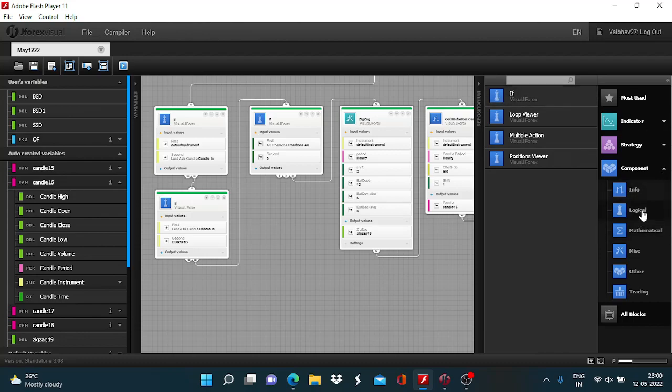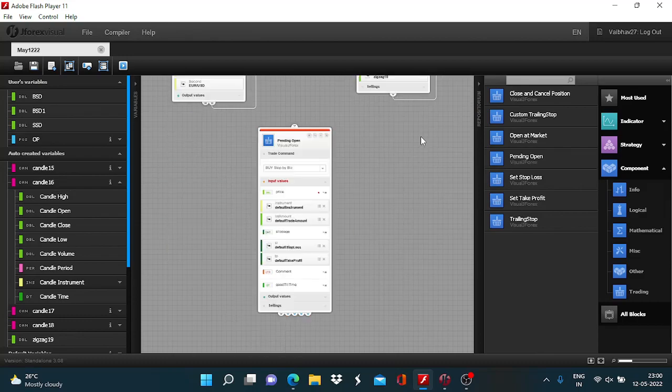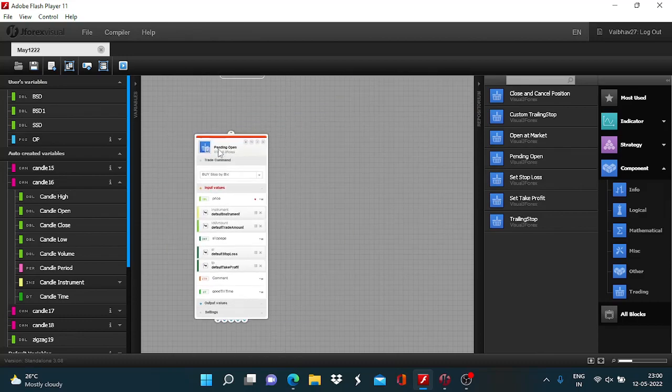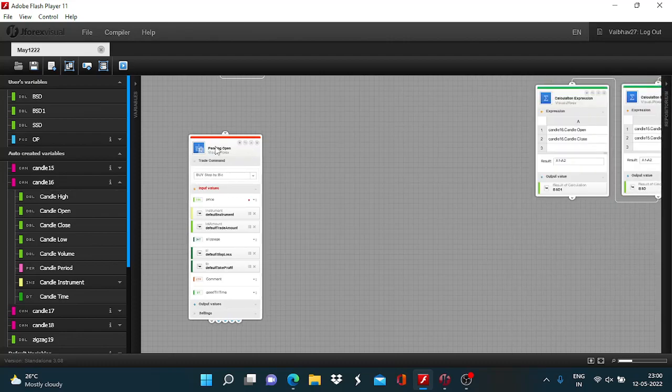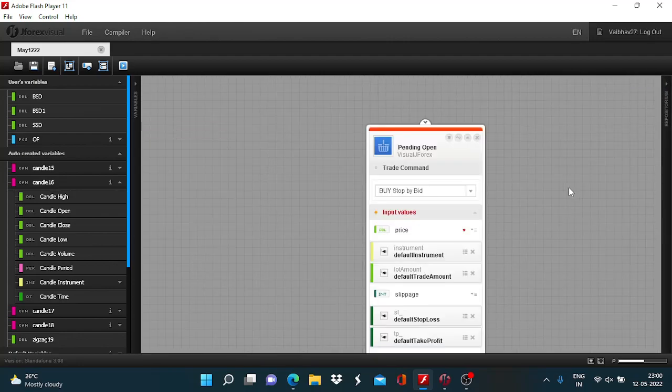So the logical, now we need trading component, and there is going to be a pending order. So first thing we have to do is define the actual entry point.